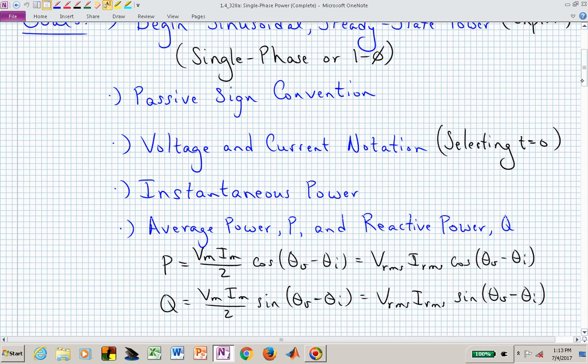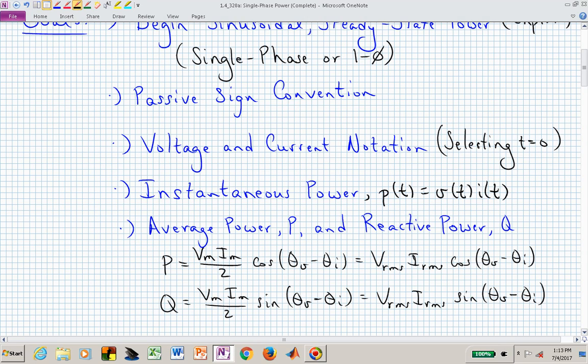And from instantaneous power, which is this lowercase p of t, which is now just the product of voltage and current at any given instant of time, little t, then from that we'll determine what the average power P is, and subsequent lectures will talk about the reactive power Q. But I'm giving you those formulas so that you can look at them now.